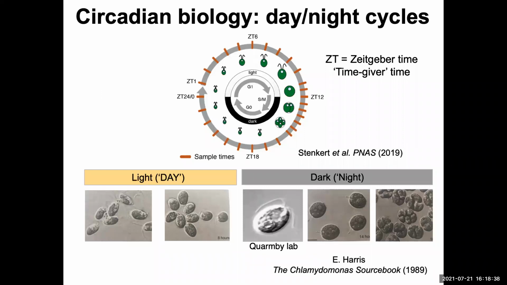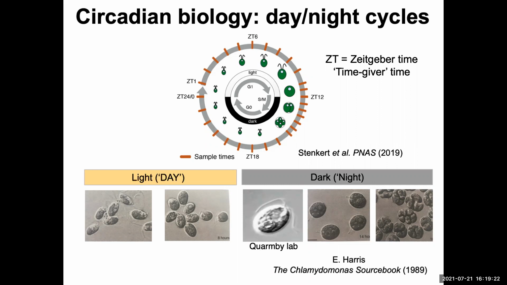So Chlamydomonas is a photosynthetic alga. So it's like a single-celled plant, and it grows during the day with the light, and then it divides on the onset of the night, and then it grows again and it divides. So if you put it in a light-dark cycle, the day-night cycle in the environment, then this circadian variation gets synchronized to the light and dark.